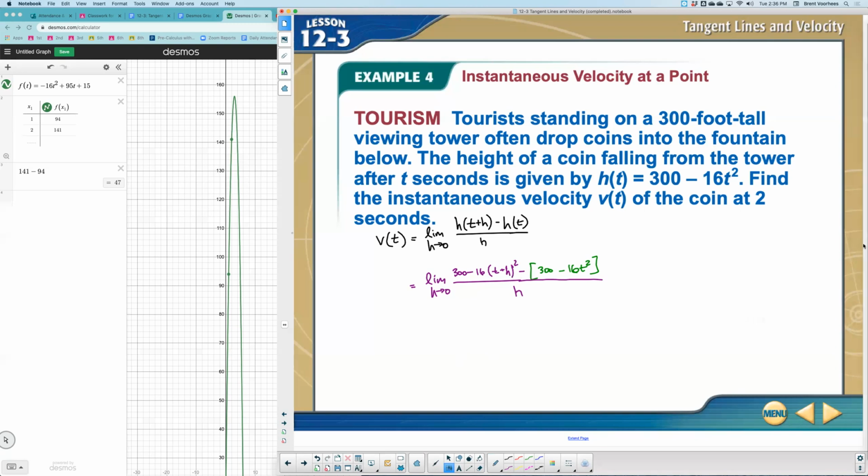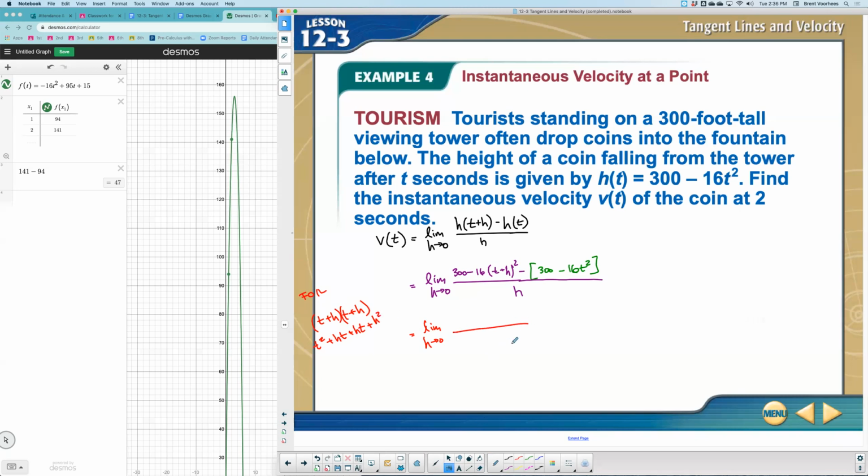All right, so if I go through to simplify, the limit as h approaches 0, we will have 300, and I need to FOIL. So let's figure out what t plus h times t plus h is. When I FOIL this, I will have t times t, which is t squared, t times h, so ht, plus another h times t, another ht, plus h times h, which is h squared.